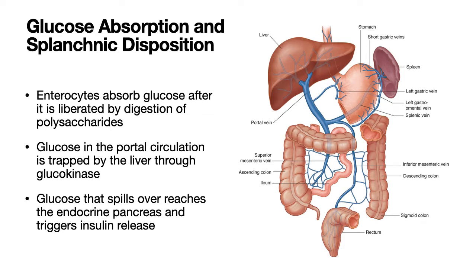So again, we have here how the abdominal viscera, particularly the small intestines, process the glucose, transfer it to the liver, which captures the glucose, the excess glucose will spill over into the blood, reaches the pancreas, which in response will secrete insulin.